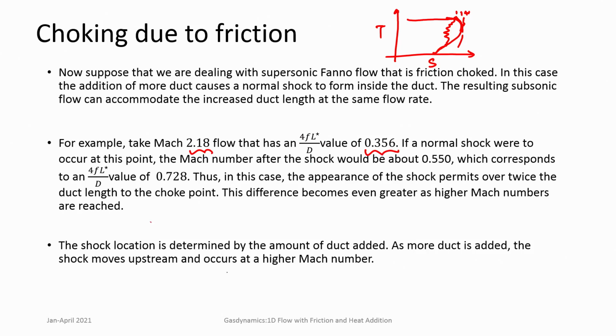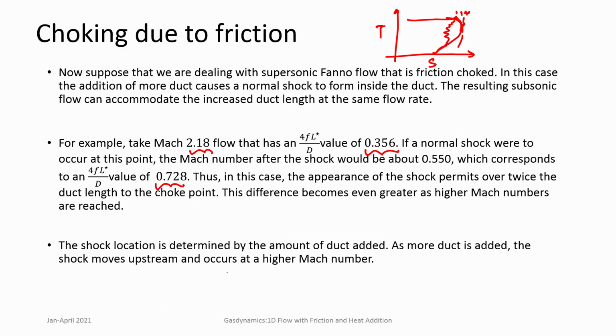But if a normal shock were to occur at this particular point, then the value of fL star by D after that normal shock would be 0.728. So, there is an additional length that is now possible to be accounted for, but you would of course get a normal shock inside the duct.